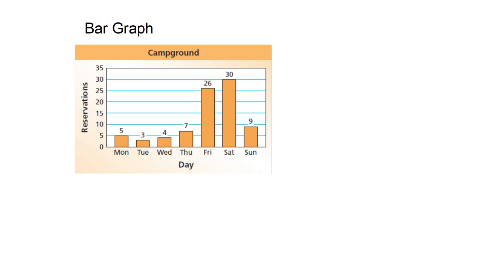So on Monday of some time period, they only had 5 reservations, but Friday and Saturday were very popular. It doesn't make sense to make a line graph out of this because we're not talking about 1 week, we're talking about many weeks by the looks of these numbers, and we're just sort of finding out which of the days is the most popular. So a bar graph makes sense in this case. And so again, we're talking about categories.